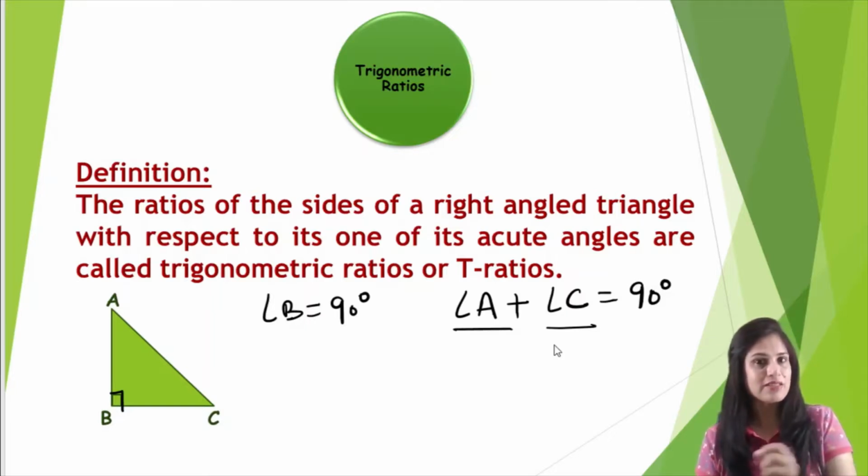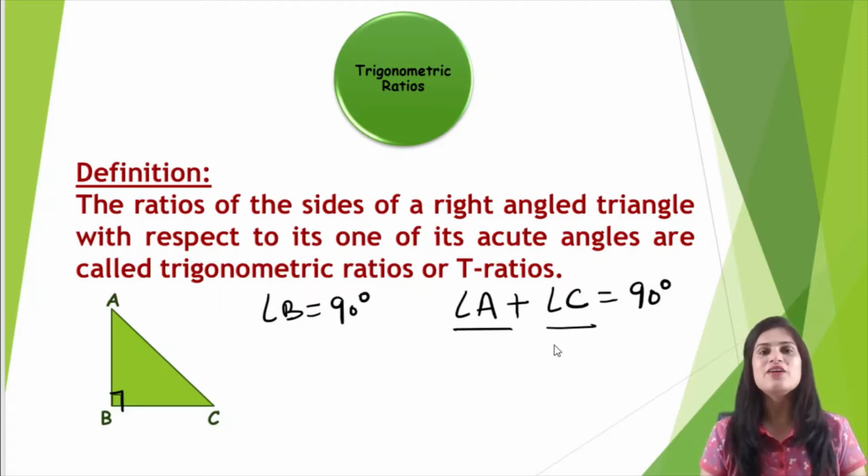If they are less than 90 degrees, they are known as acute angles, right? So in trigonometry we are taking ratios in such a way that they will be related to any one of the acute angles. To have some more understanding about trigonometric ratios, let's have the triangle in more clarity with some activity.